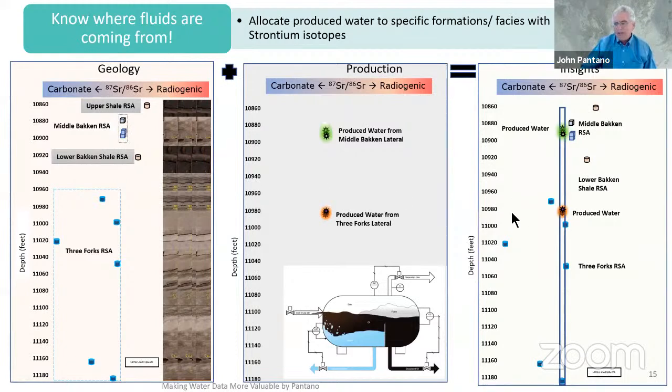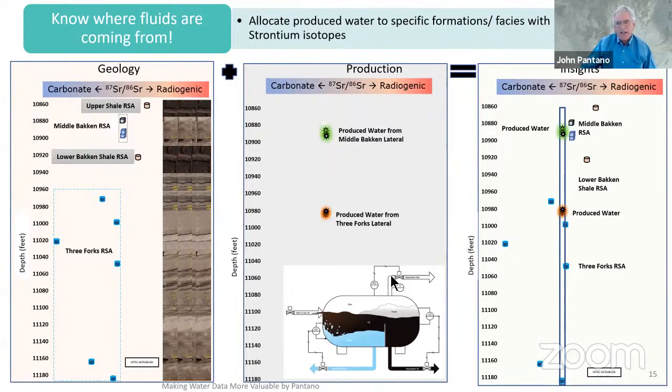And we kind of interpreted their data differently than they did, where we just said, well, if we just pick a range of strontium 87/86 isotope ratios, it's kind of amazing that the produced water in the middle Bakken looks almost identical to the produced water in the Three Forks, which looks almost identical to one of the facies that was sampled in the Three Forks.